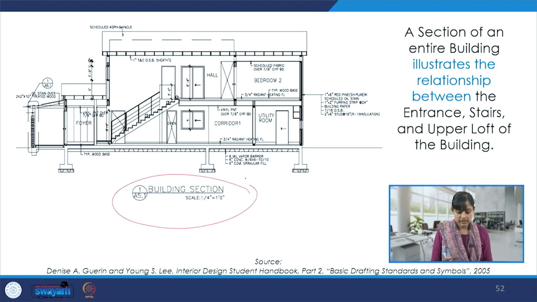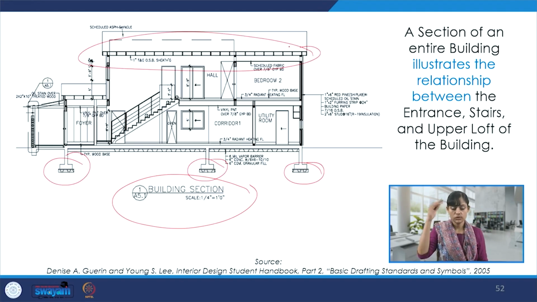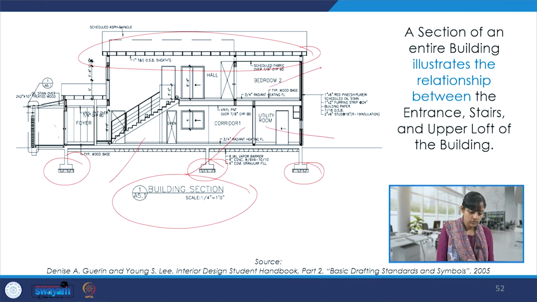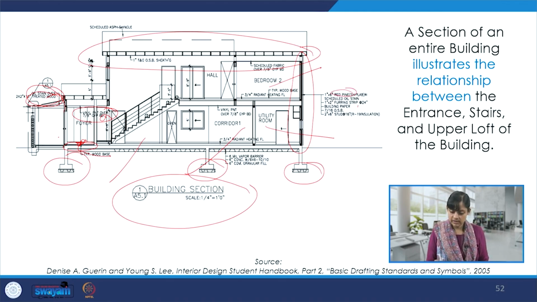This is like a building section, and here again we see all the details from the footing to the topmost slab, where which space is, and again treated wood, or whether there is a paint or gypsum board over here, whether there is timber here or not, what the thickness is like, what the material is over here, like red pine, and whether it takes an oil stain or not, if there is a furring strip or any insulation material or not.